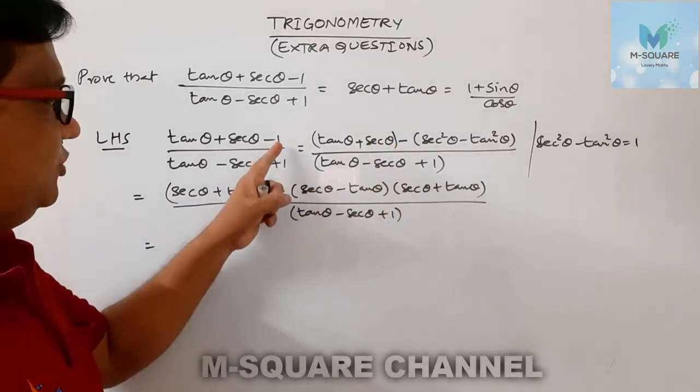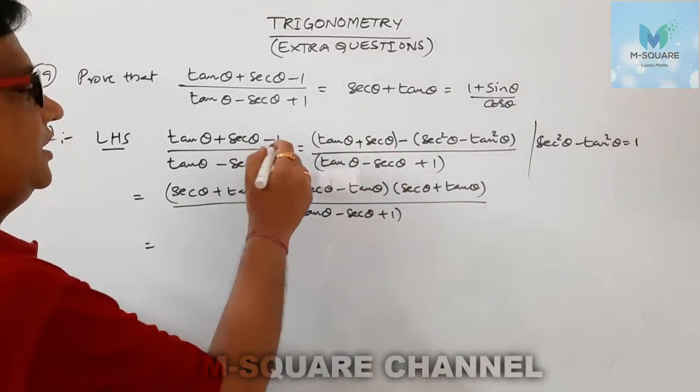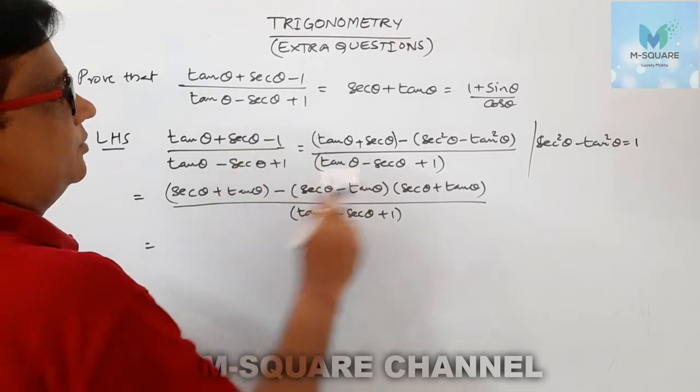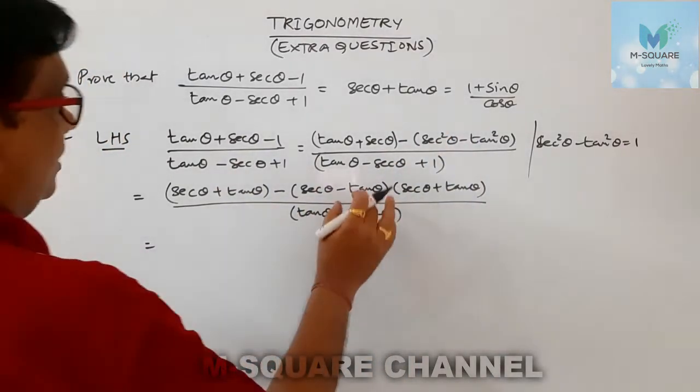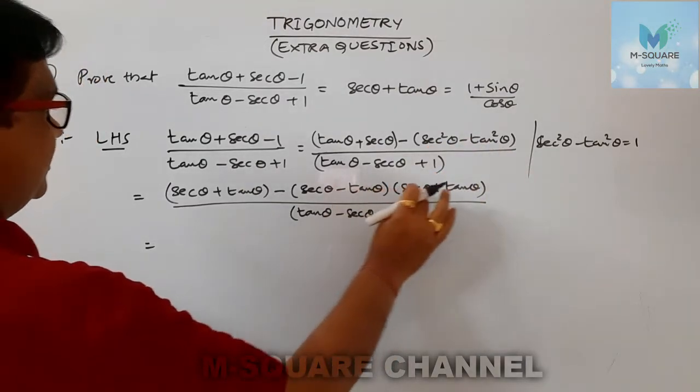So I am using here a trigonometric identity. In this 1 plus, I use the secant square theta minus tan square theta. So after that a square minus b square means a minus b into a plus b.